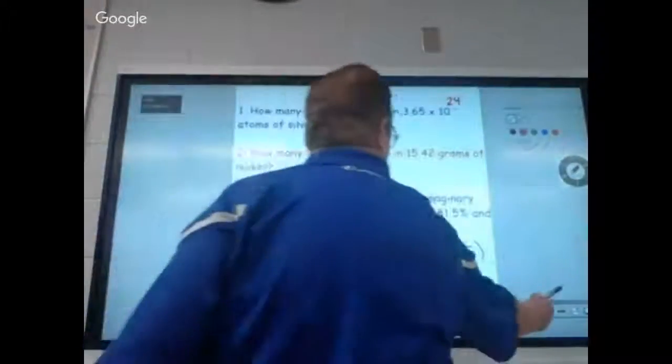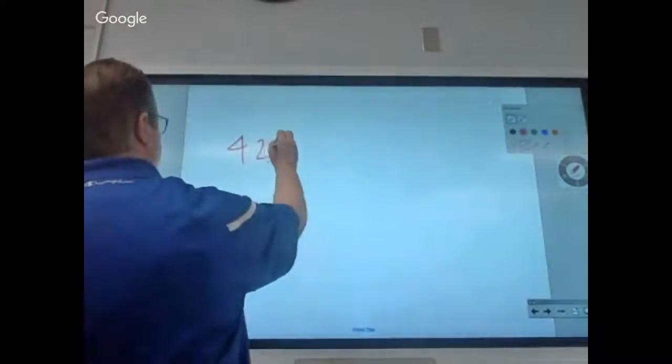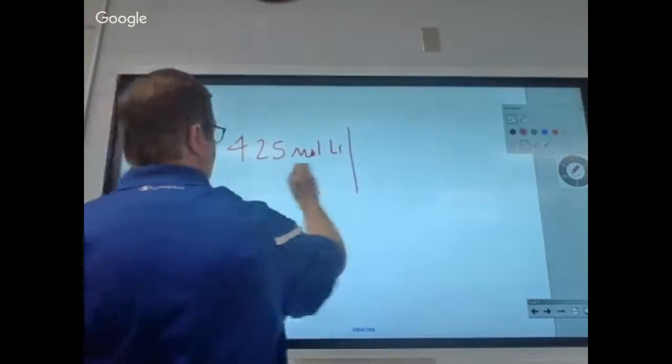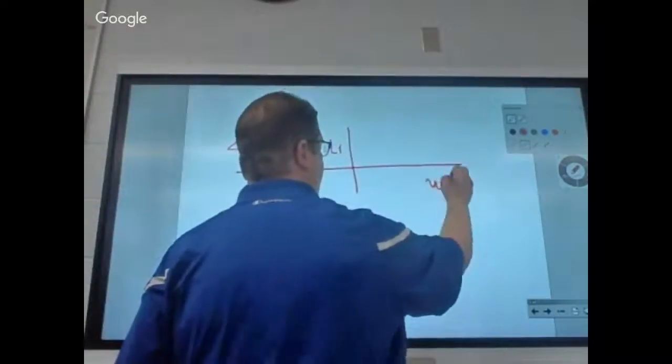So number 2 says determine the mass, and you have 4.25 moles. So whoever asked for that one, if you have 4.25 moles, come on, to the board. 4.25 moles goes on top. Moles goes to the bottom, so it'll cancel.